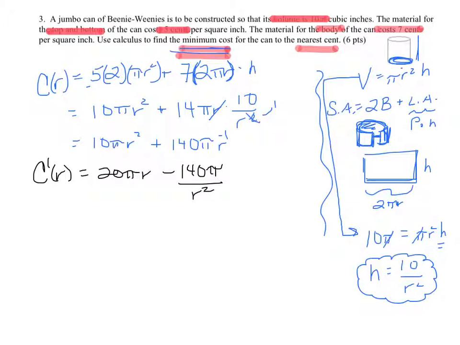Setting it equal to 0. Again, moving that negative to the left: 140 pi over r squared equals 20 pi r. Now I'm going to multiply through by the r squared and divide by the 20.